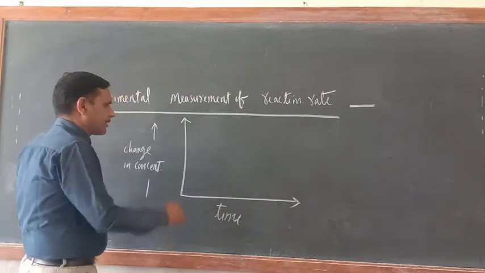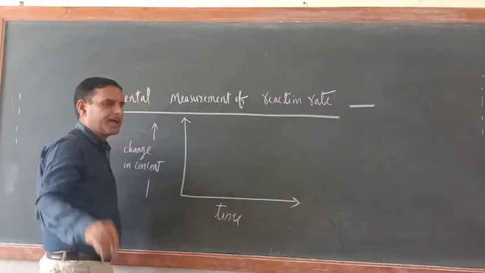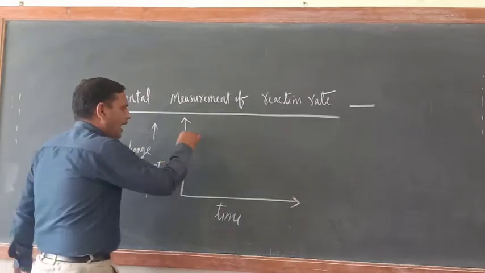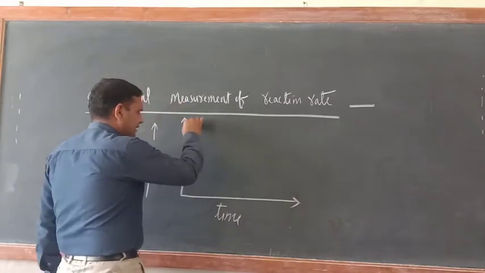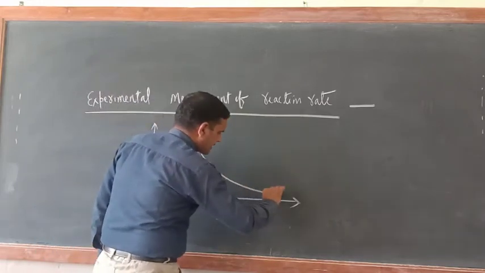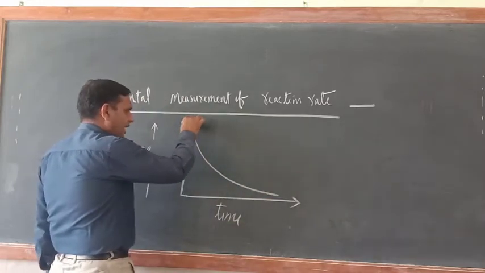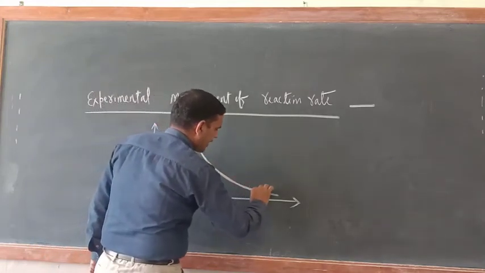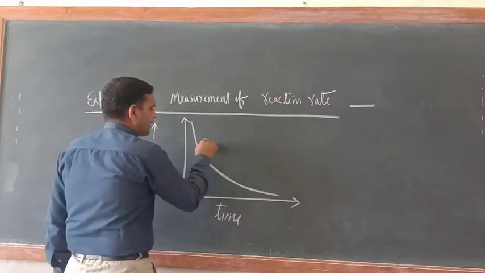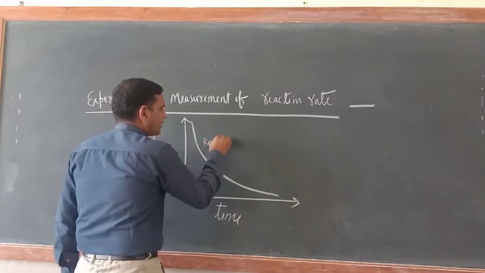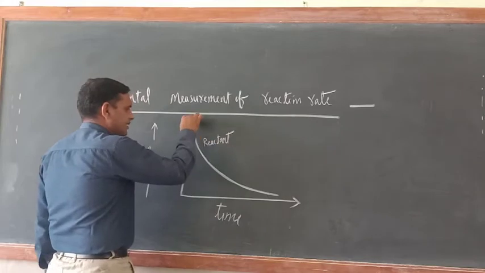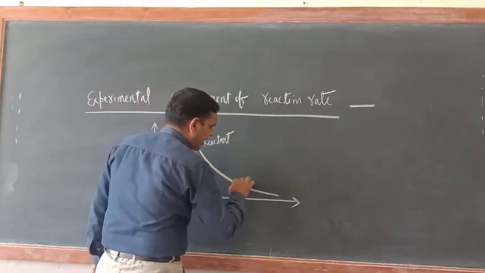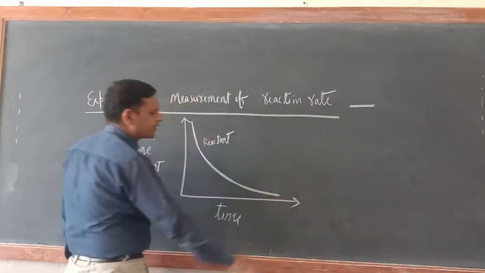You know that at the beginning of any chemical reaction, the concentration of reactant is very high, and with the passage of time, the concentration decreases. This is the graph of reactant. With the passage of time, the concentration of reactant decreases.